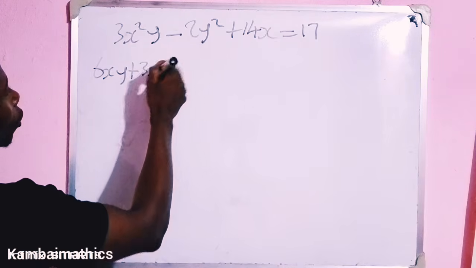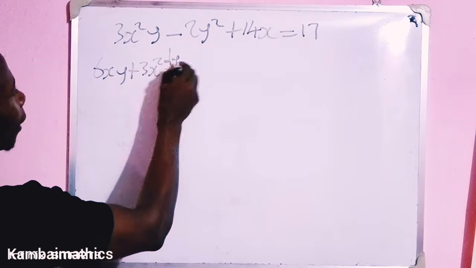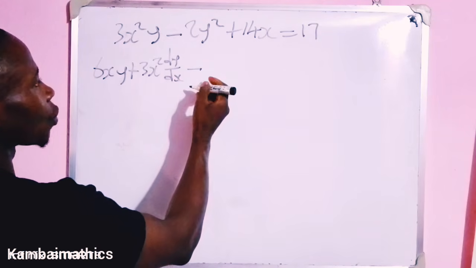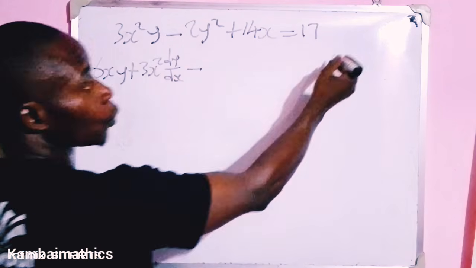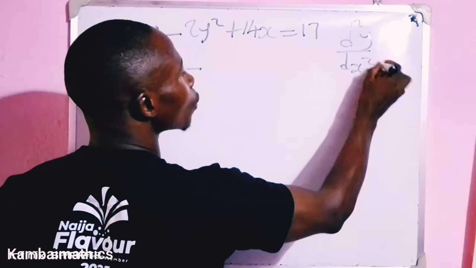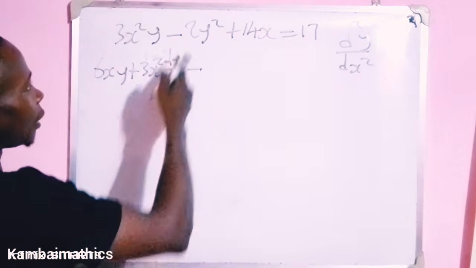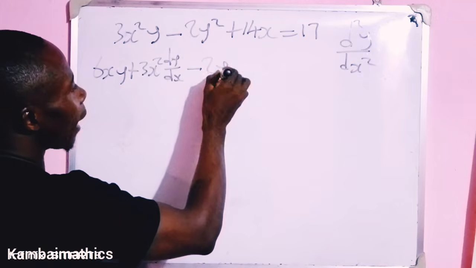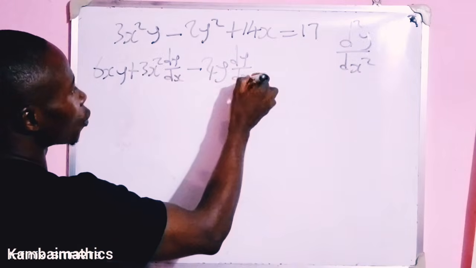When you differentiate y, it will be dy all over dx. Then we go to the next one. Differentiate this one, we have to find the square y all over dx square, sorry. In this case, this will be the same thing as 4y, right? Then dy all over dx. We differentiated one of the x.